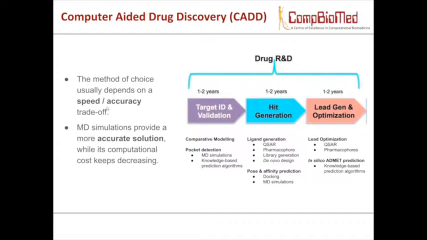So MD falls into this specific place, which is more of an accurate solution for certain cases, more than a high-throughput technique to test, as I said, thousands of molecules.